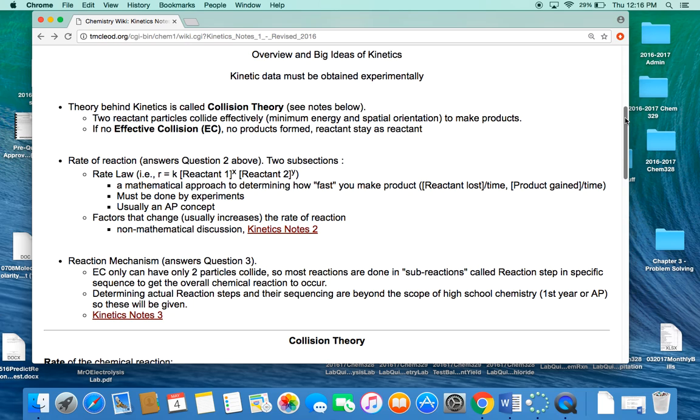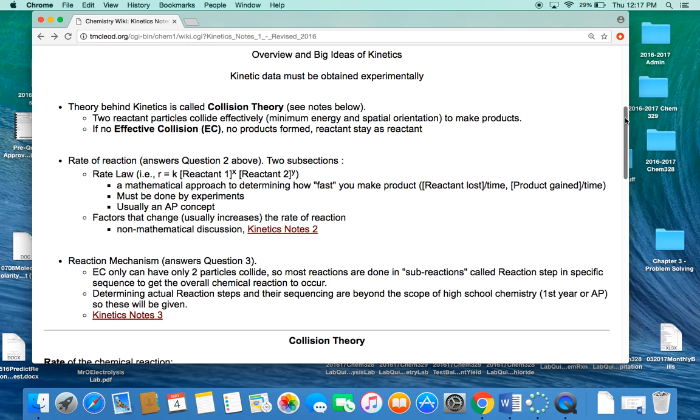Okay, so to be more technical, to form this effective collision, you need two things. You need the right amount of energy, or at least the minimum amount of energy, which is called the activation energy, and the particles must have the right orientation. And orientation means, to me, two things. One, they must be close enough together to collide. That's part of the orientation.